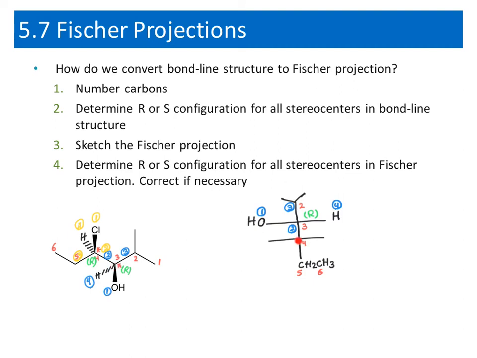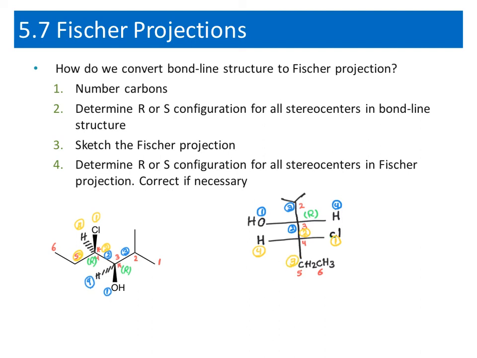Now for carbon number 4, I have chlorine and hydrogen attached. Let's put chlorine here and hydrogen here, so you can just randomly do it. And now let's figure out the configuration. This is 1, 4, this is 2, the carbon chain, and ethyl is number 3.